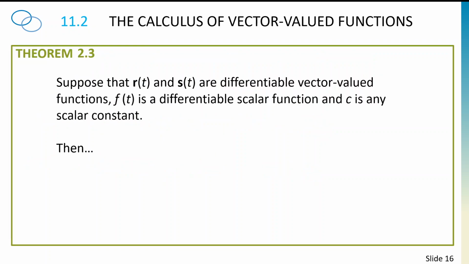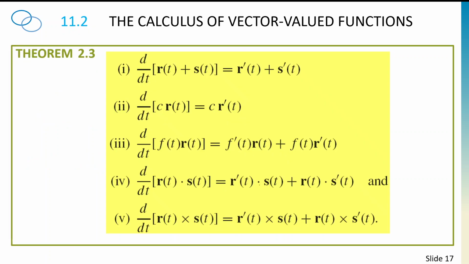Now there are some properties for the derivative. They are similar to the ones you know from Calc 1, with some exceptions. The derivative of the sum of two vector valued functions distributes over the addition. If I have a constant times a function, then the derivative is c r prime. These are the same as Calc 1.